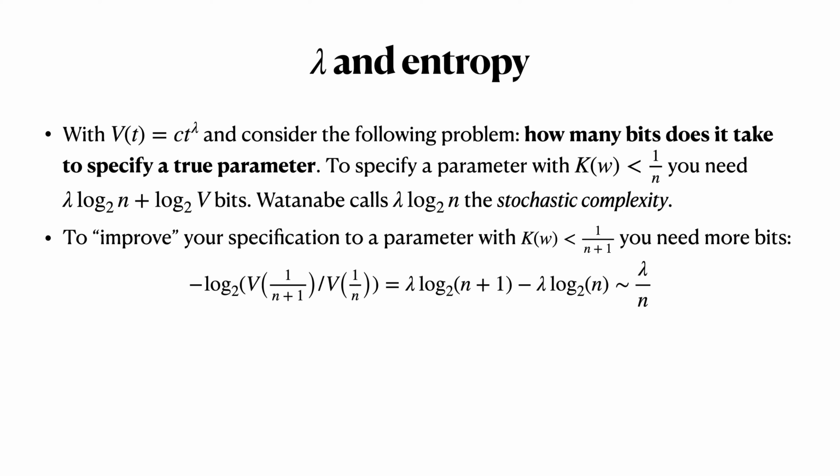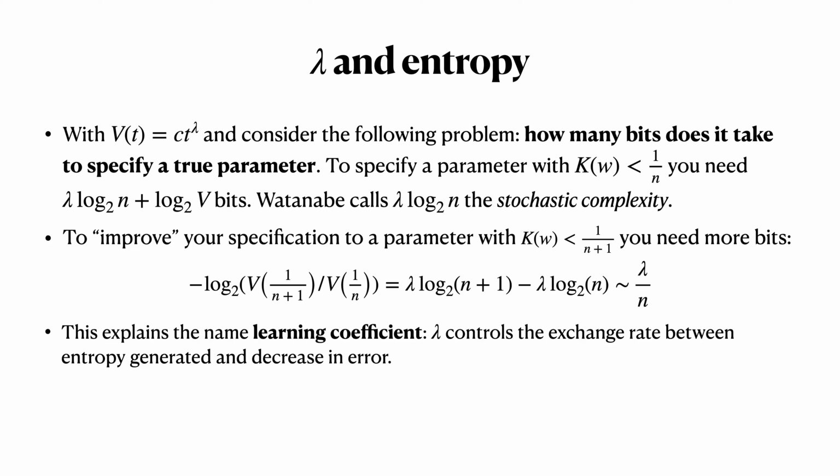Suppose you know a region of parameters in which K(w) is less than 1/n, and you want to improve to a region where K(w) is less than 1/(n+1), then that's this ratio. That's approximately, for large n, lambda on n, which you might remember is the Bayesian generalization error, right?